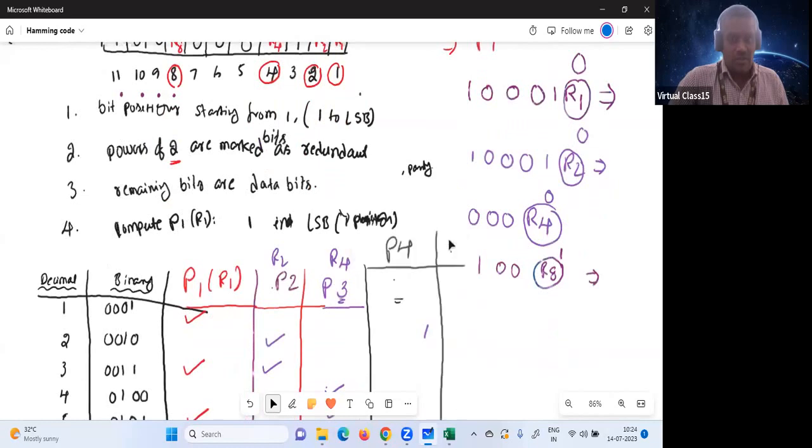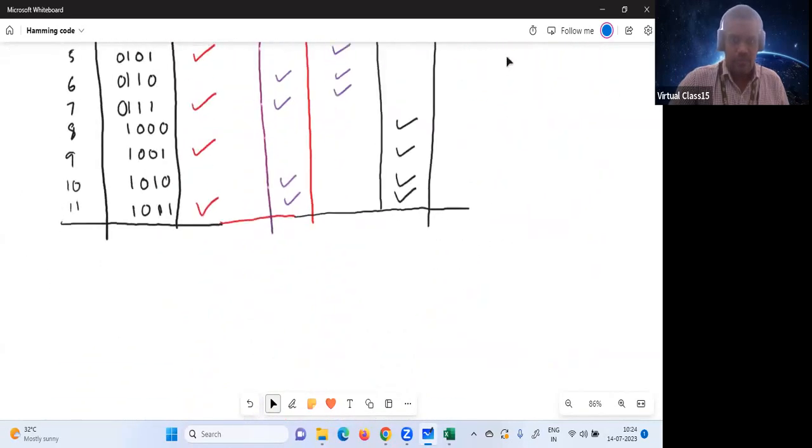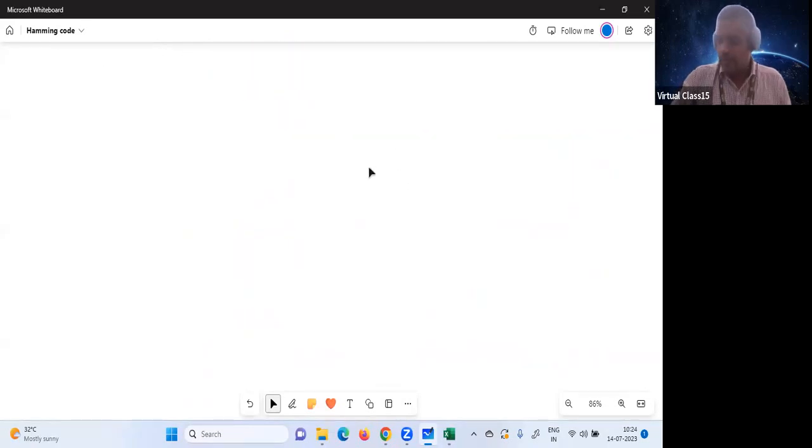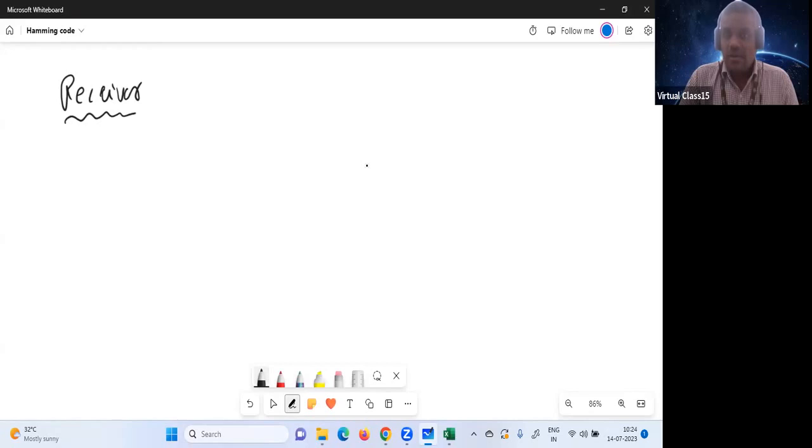At the receiver side, the receiver receives the code word. Can you tell me that code word? It is 11 bits, the entire 11-bit size.